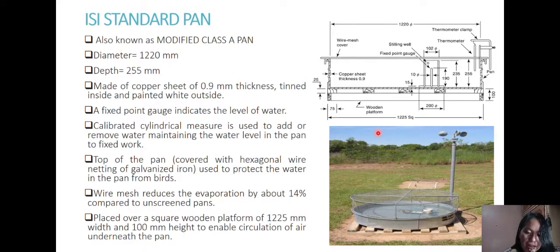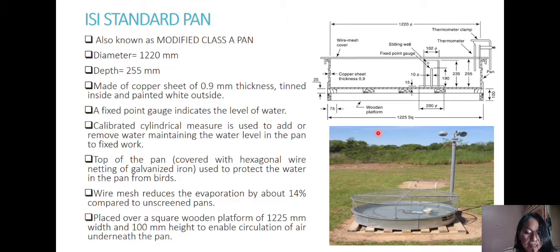The top of the pan is covered fully with a hexagonal wire netting of galvanized iron to protect the water in the pan from birds. Further, the presence of a wire mesh makes the water temperature more uniform during day and night. The evaporation from this pan is found to be less by about 14% compared to that from unscreened pan.